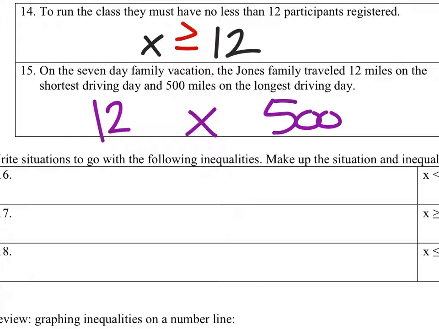They drove 500 miles on the longest day, so they should have driven less than that or equal to it. But they also traveled 12 miles on the shortest day, so it's got to be more than 12 or equal to 12 as well. So X, the number of miles they drove on any specific day, needs to be greater than or equal to 12, but less than or equal to 500.